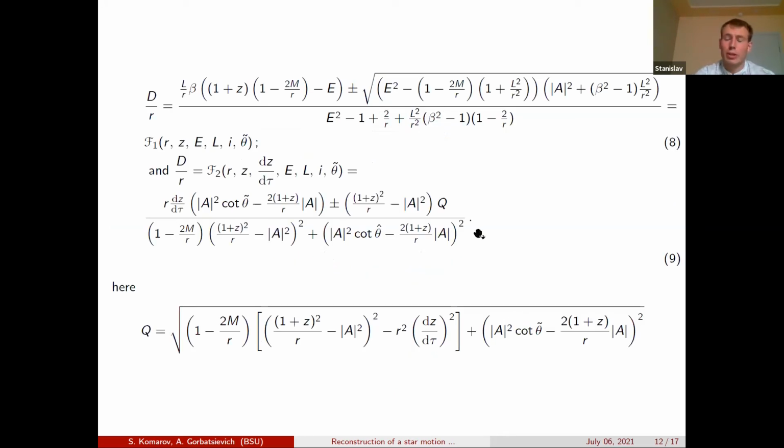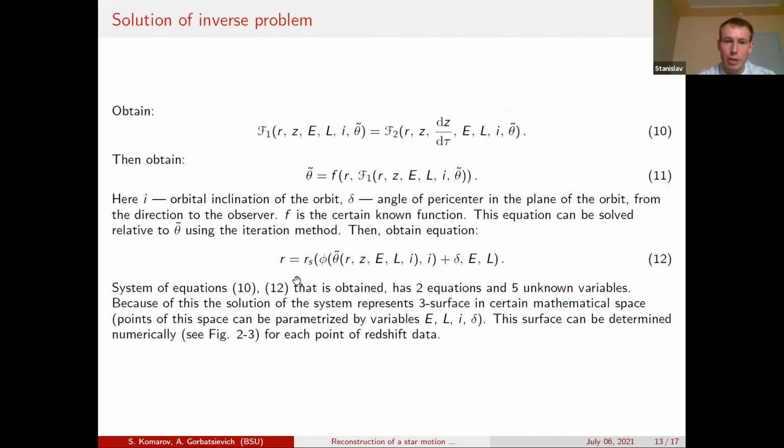We can obtain the solution of the obtained system of equations if we derive the impact parameter from the formula for redshift and the formula for its derivative, and simply write equality between the obtained expressions.